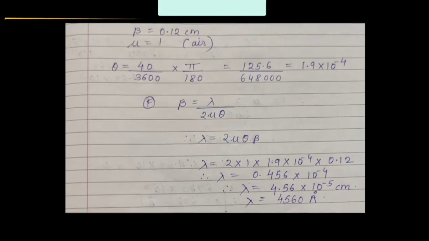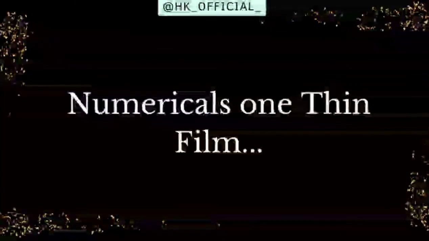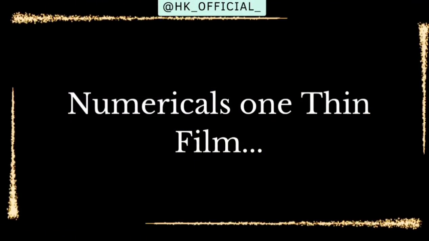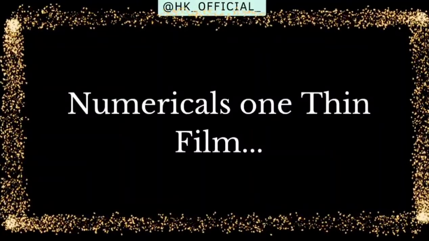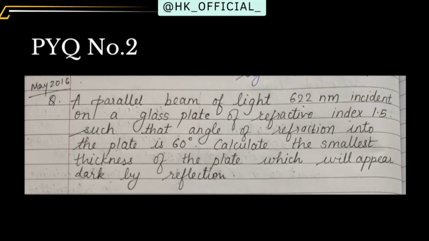Okay. Now I have also kept a numerical on one thin film. So let us consider that also. That is PYQ number 2, and it was asked in May 2016 in some paper. A parallel beam of light of 622 nanometer is incident on a glass plate of refractive index 1.5 such that the angle of refraction into the plate is 60 degree.